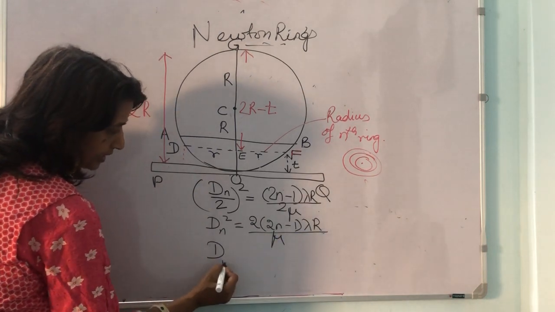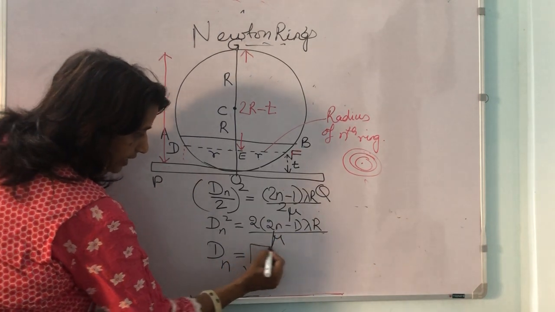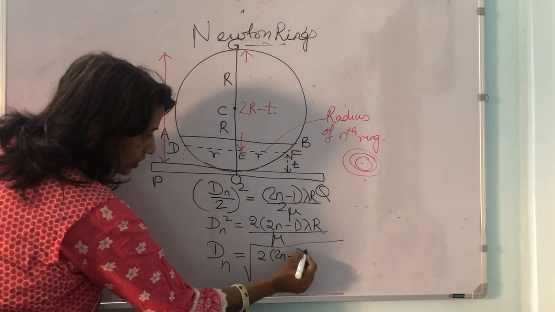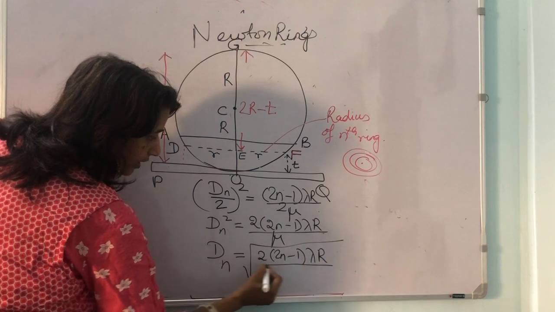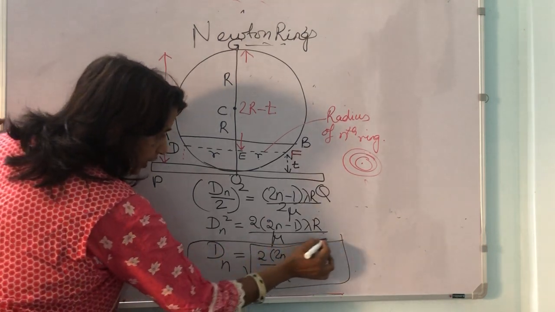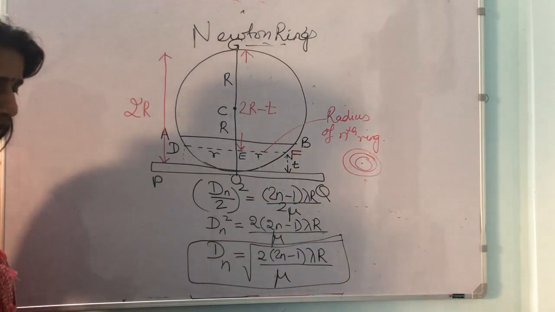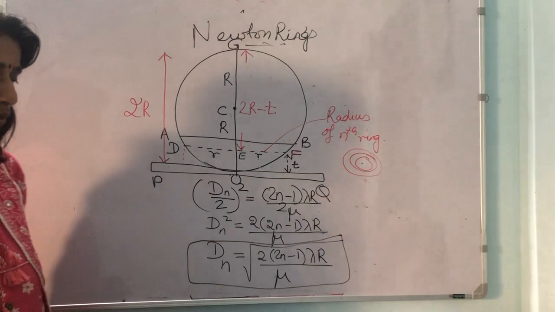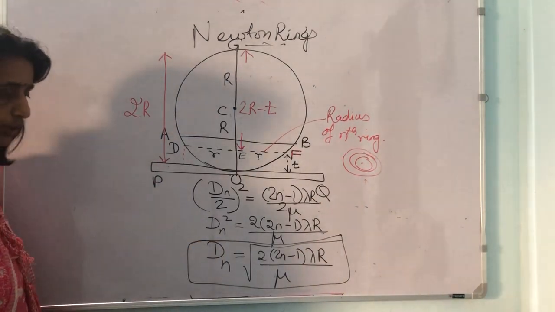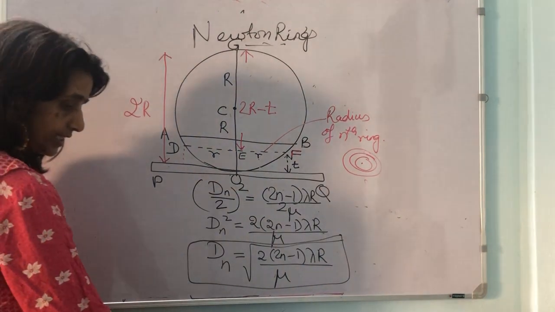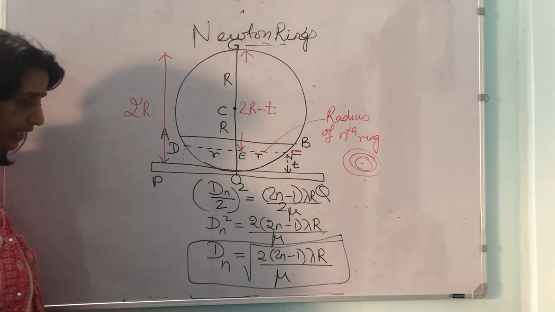So the diameter of the nth ring is under root 2 into (2n minus 1) lambda R upon mu. For air, you can put mu equal to 1 and the diameter formula becomes under root 2 into (2n minus 1) lambda R. This is the diameter of the bright ring.